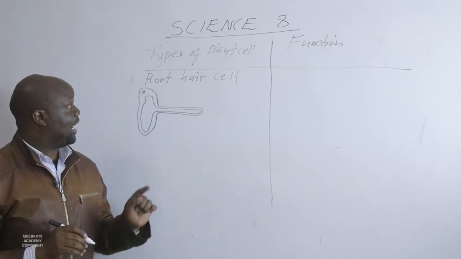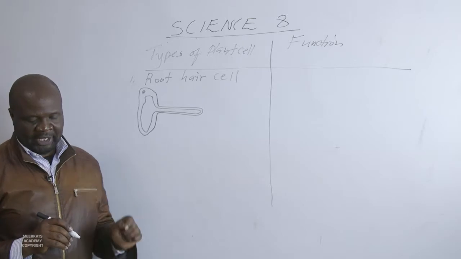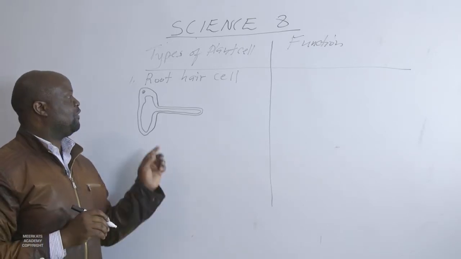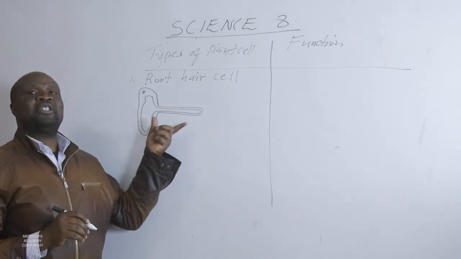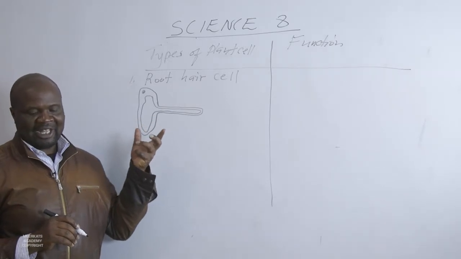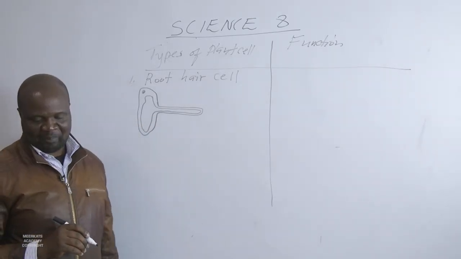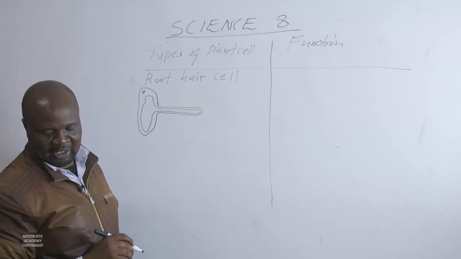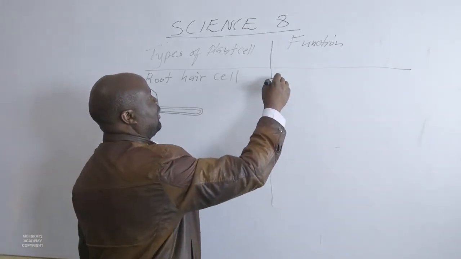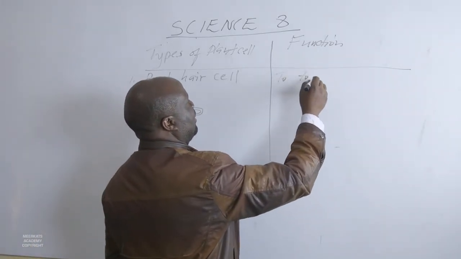That is the structure of a root hair cell. If you can see, it has this shape so that it can have a large surface area to absorb water and minerals.